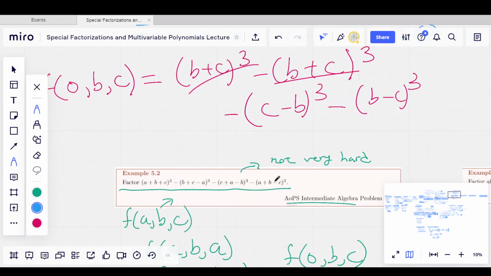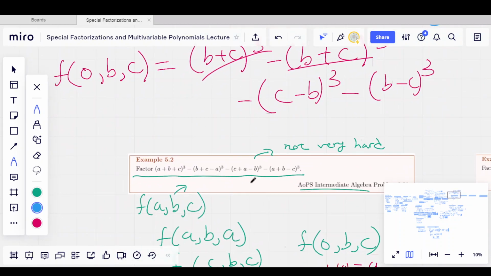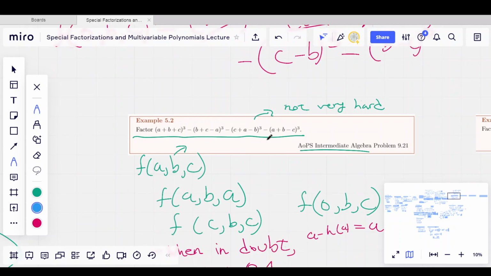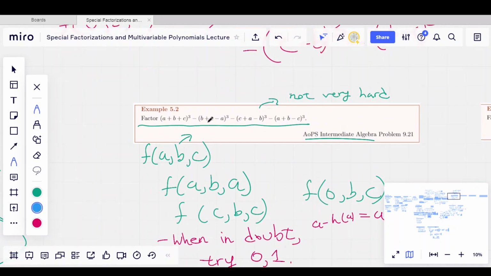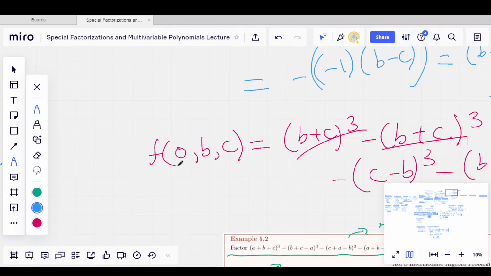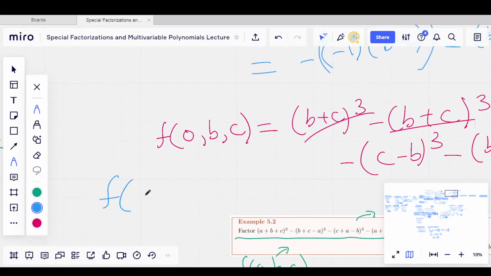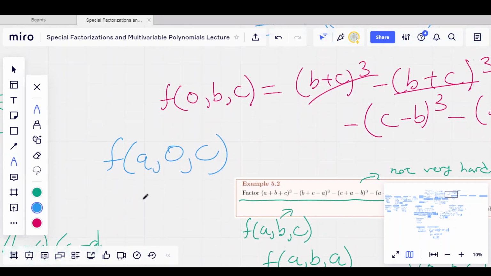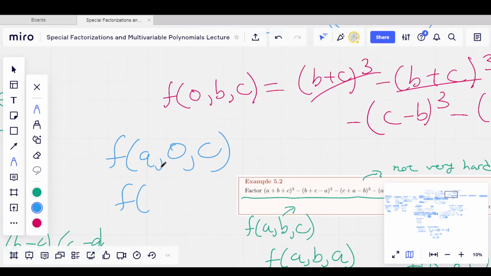Similarly, because this is a symmetric polynomial, you can try f(a,0,c) and f(a,b,0). And actually, I forgot the first step. You should always figure out the degree. So the degree of f is 3.